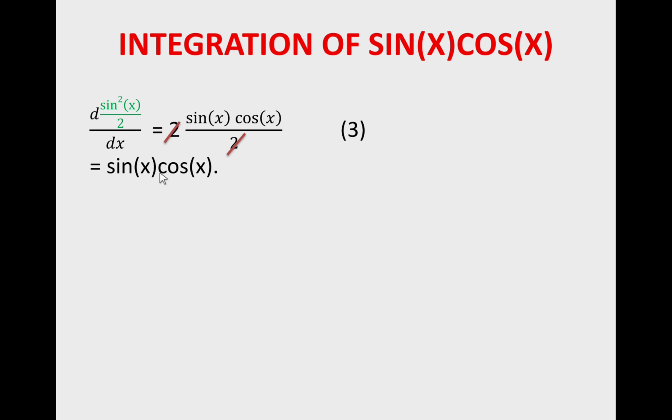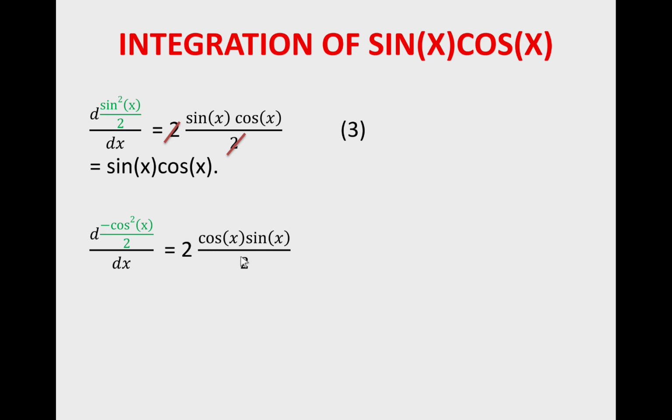Let's take a look at the case for the substitution of the cosine. The derivative of the result, which is minus cosine squared x divided by 2, will be equal to 2 cosine x sine x over 2. You can see that the negative sign disappeared because the derivative of cosine is negative sine, so negative times negative gives positive.